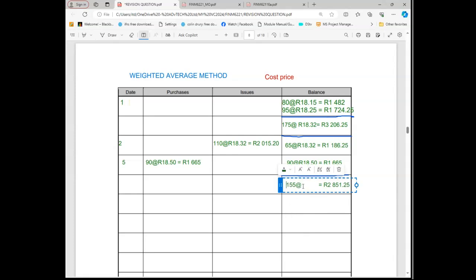The new average is 18 rand 40. But like now, if it's 18 rand 39.5, do I round it off or do I just say 18 rand 39? No, you must round it off like this. Okay. Yes. 5 upwards, remember.